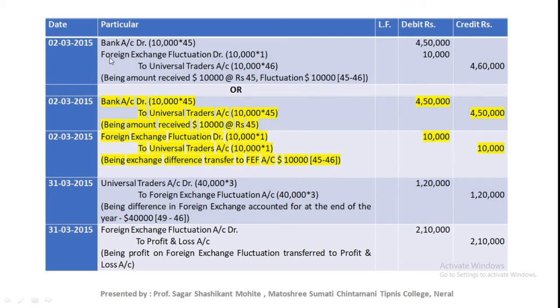That means foreign exchange fluctuation account is debited due to loss, 10,000 rupees, and to universal trader account rupees 46, that is base rate, 10,000 into 46 is equal to rupees 4,60,000.